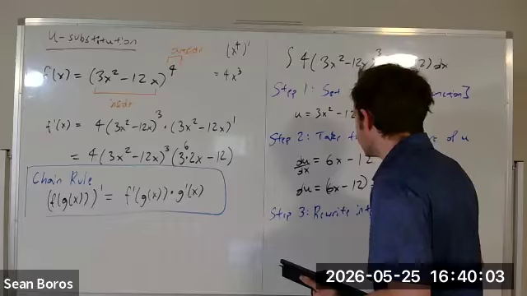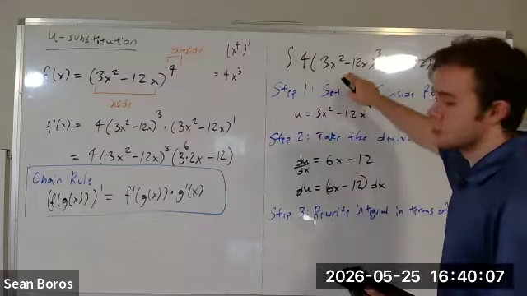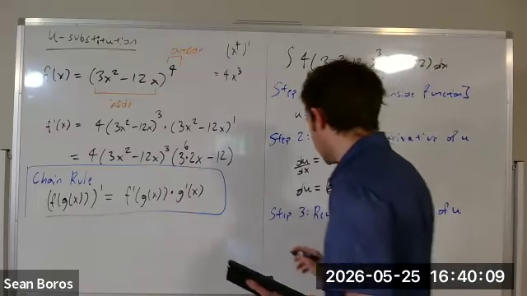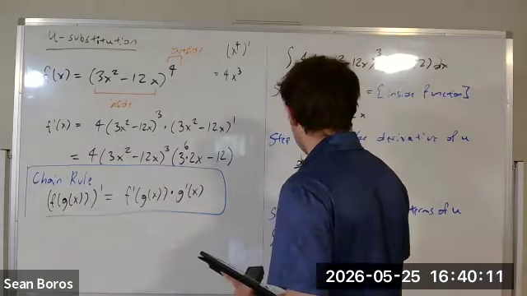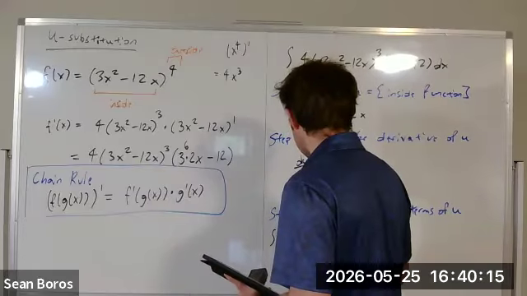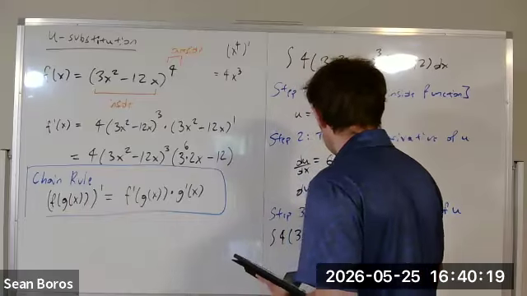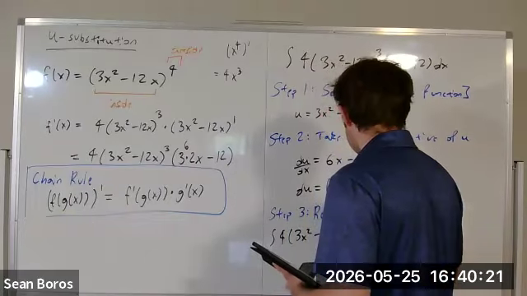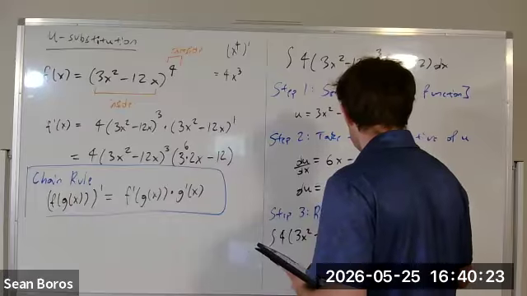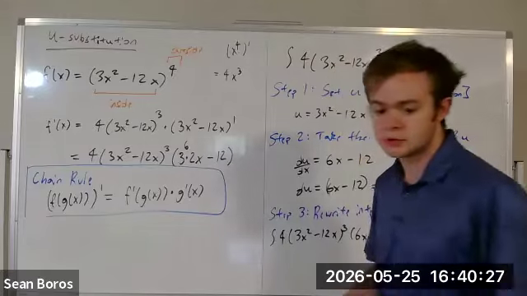Okay, so we've got a u, we've got a du, and now we can rewrite our original integral. So our integral of 4 times 3x squared minus 12x cubed times 6x minus 12 dx. So this is our integral.